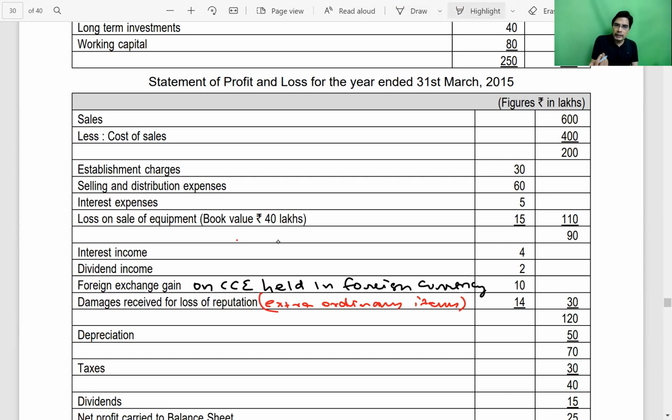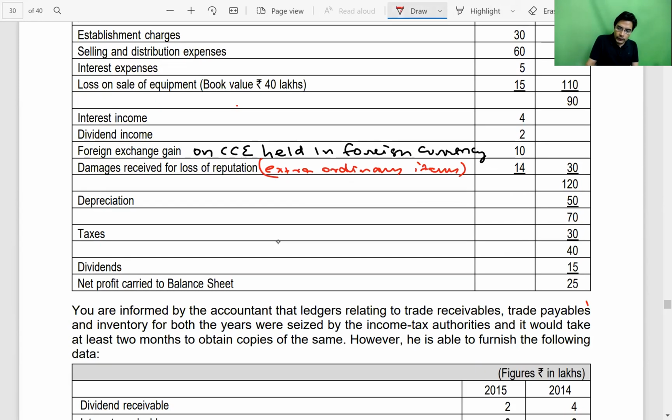We will see the statement of profit and loss. In the statement of profit and loss, we can directly get the profit before tax, which is 70. And if we add the extraordinary item 30 to this 70, we'll get the profit before tax and extraordinary item. So in this question, even under indirect method, the information of CRR, general reserve, PL is irrelevant.